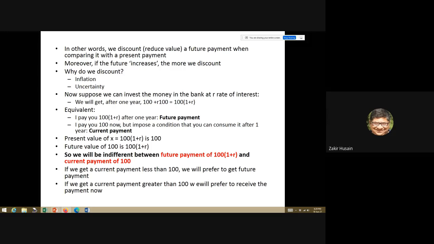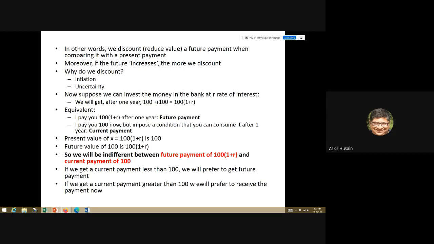I can also think of it that I've got 100 in the present, so I convert this 100 into an equivalent value in the future. So basically we are indifferent between a future payment of 100 into 1 plus R and a current payment of 100.